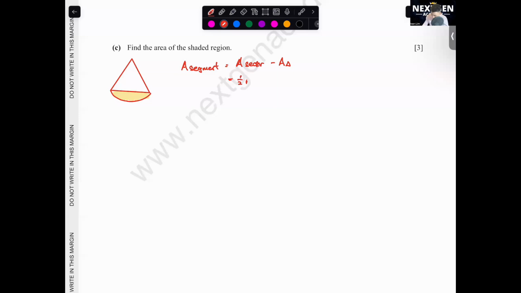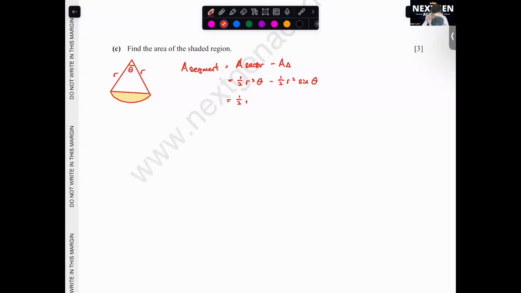Sector is half r square theta. Triangle is half r square sine theta. Okay, this is your theta, and here is your r and r. Because it's half AB sine C, so the AB normally will be your 2 radius. Then over here, we can simplify this to half r square bracket theta minus sine theta.